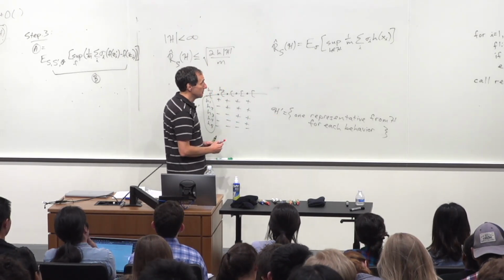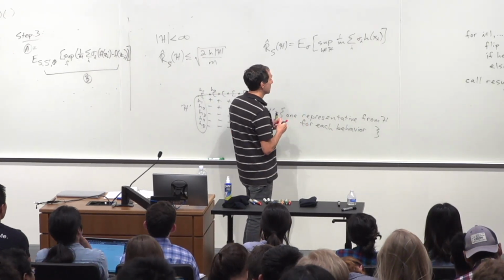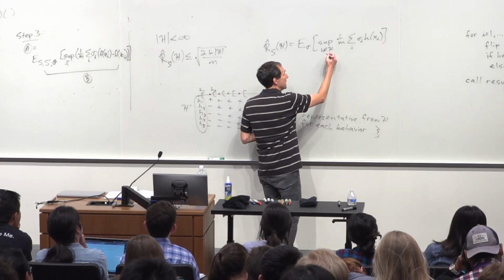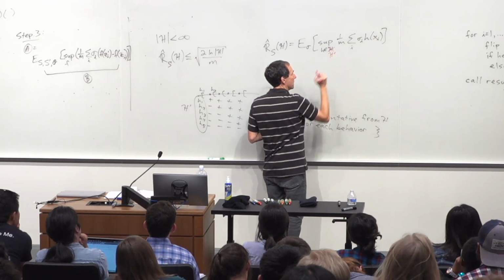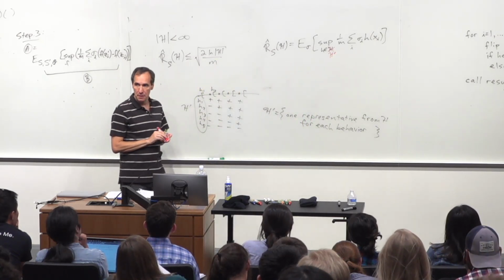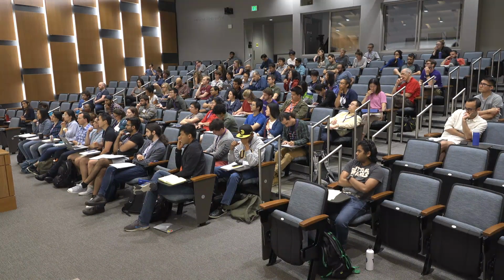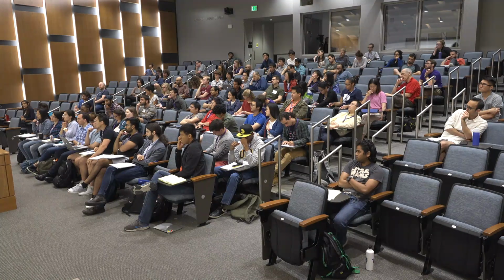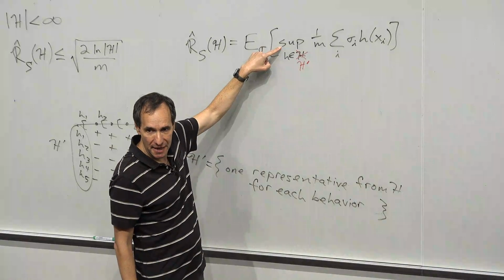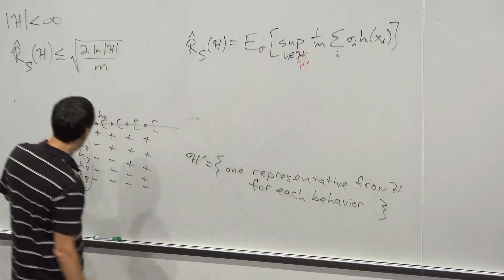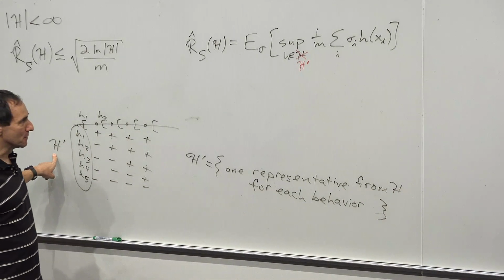Now we can ask, what happens if we replace H by H prime here? We'll get exactly the same thing, right? Because all that matters is behavior on the sample itself. And whatever realized the maximum here in H, there has to be some representative in H prime that realizes exactly that same maximum.